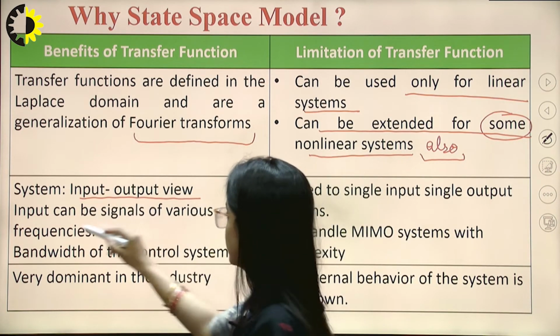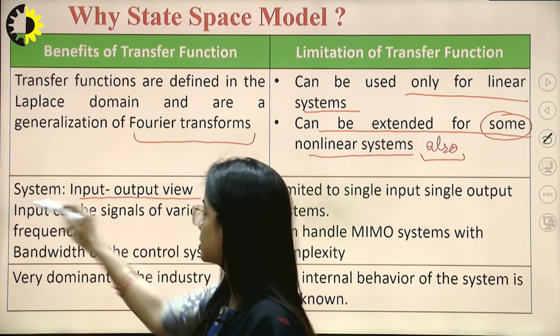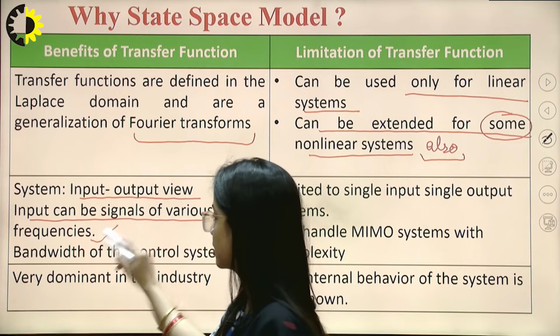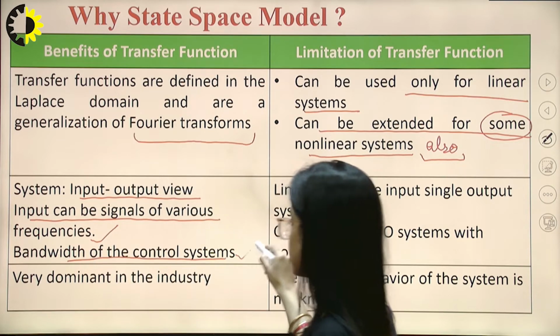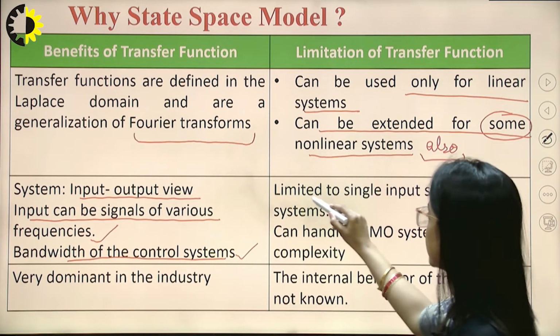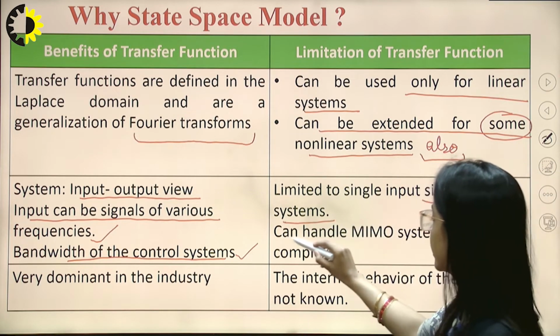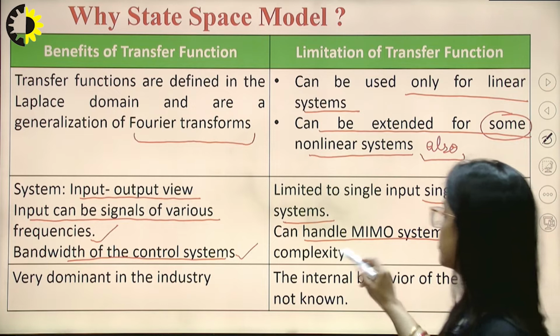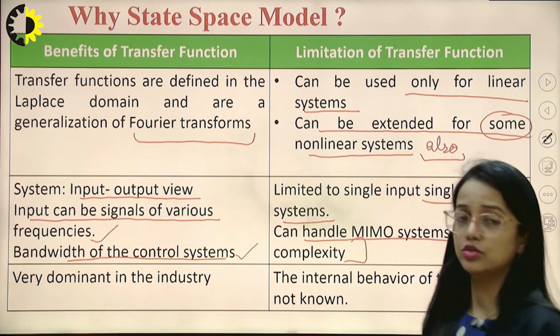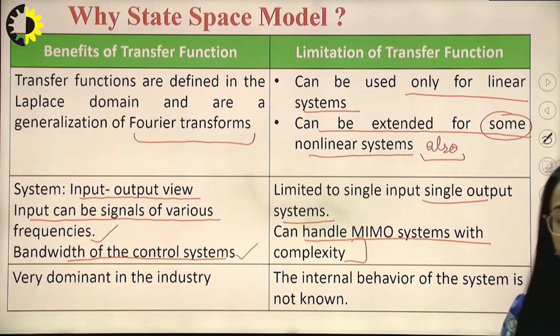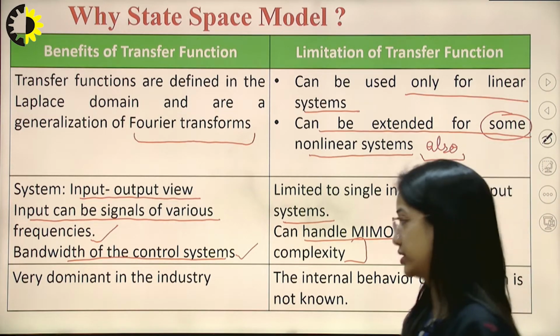Input-output view: the system is viewed as input-output. Input can be signals of various frequencies, and it covers bandwidth of control systems. It is limited to single input, single output systems, and can handle MIMO systems with complexity. So, here we can have multiple input, multiple output systems, but again it comes with the impact of complexity.